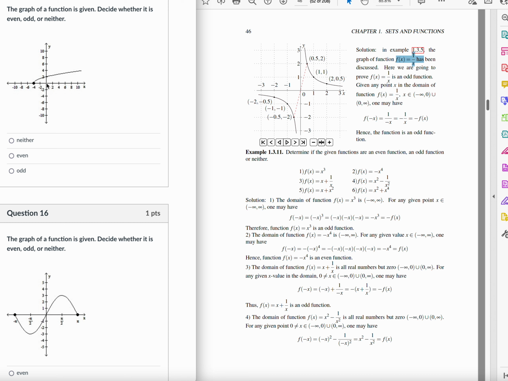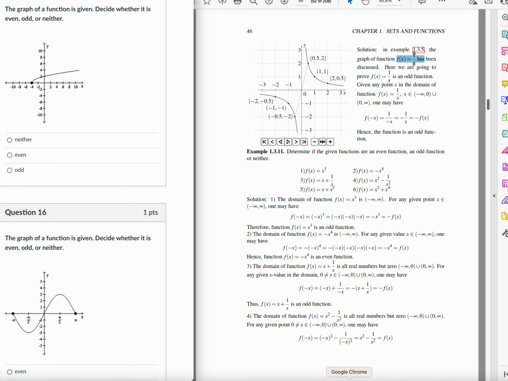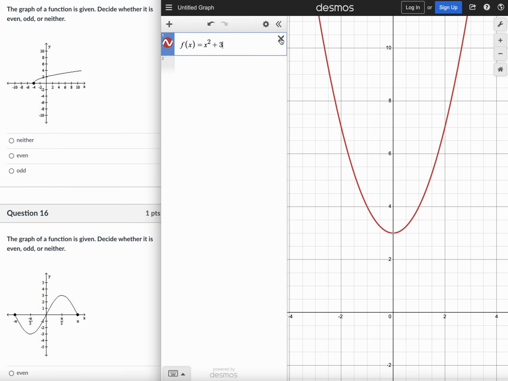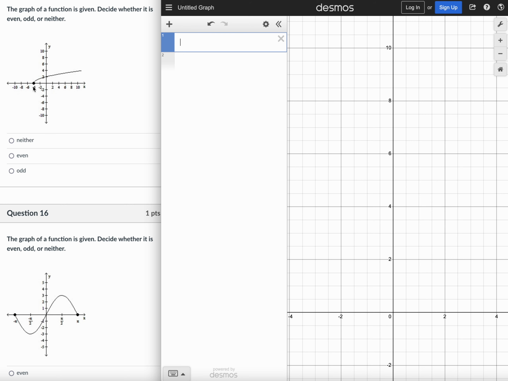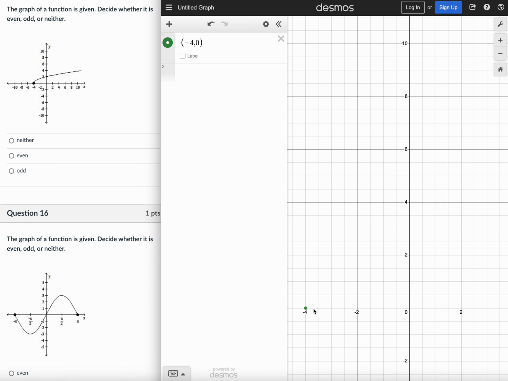For the odd function, you can see right here, you have a negative 0.5, negative 2, then you should have another one. Here does not. Here you can see, let me bring out the decimal right here. For example, if you have a negative 4, 0, that would be this point right here.